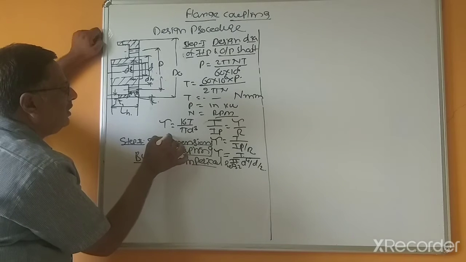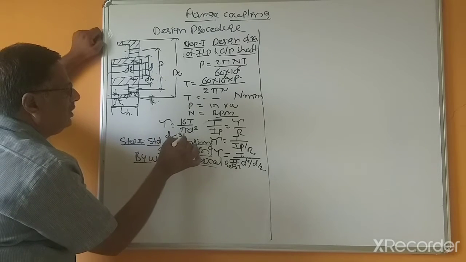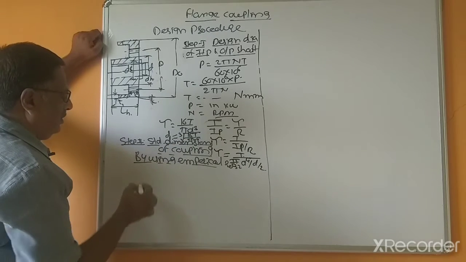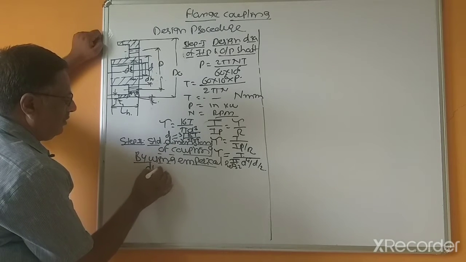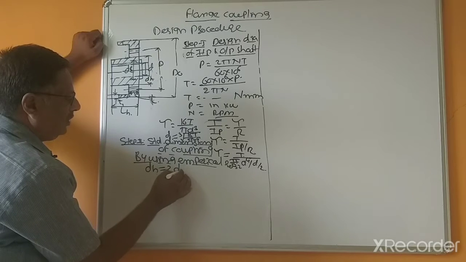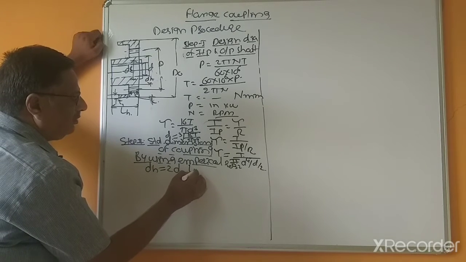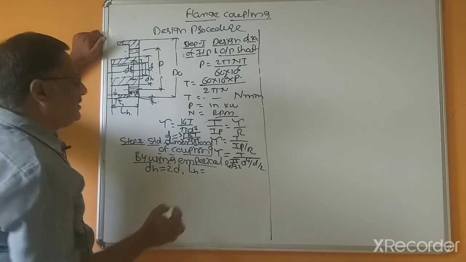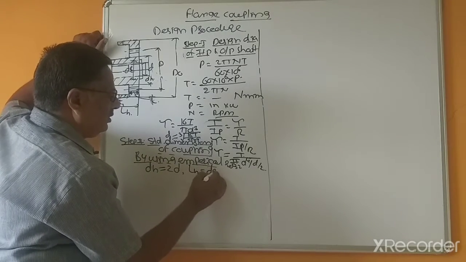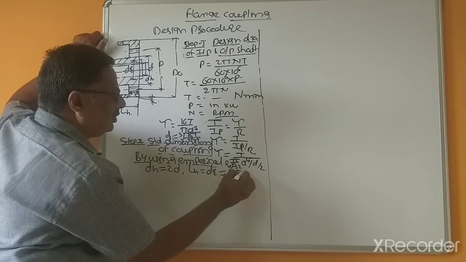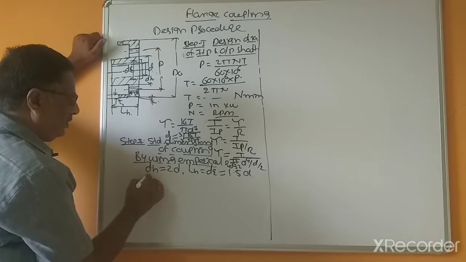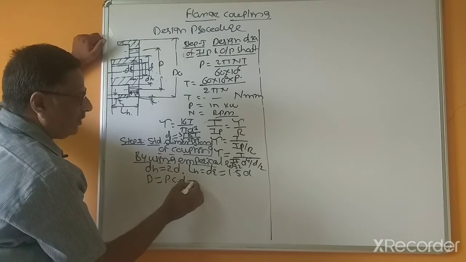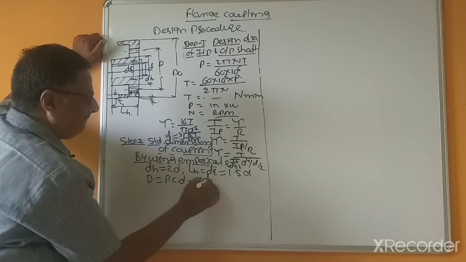Here you will get d equal to cube root of 16T divided by pi into tau. DH, the diameter of the hub, is 2d, the length of the hub is 1.5d, and the diameter of the recess, DR, equal to 1.5d. Pitch circle diameter, PCD, is equal to 3d.